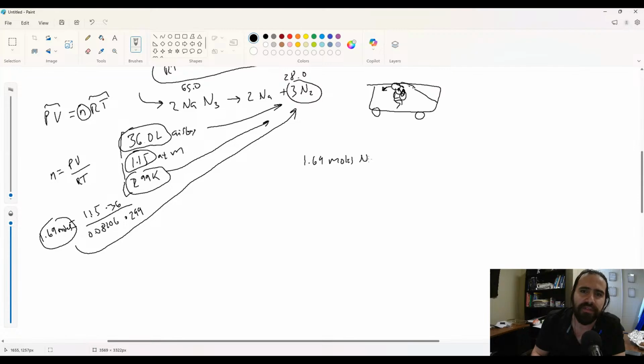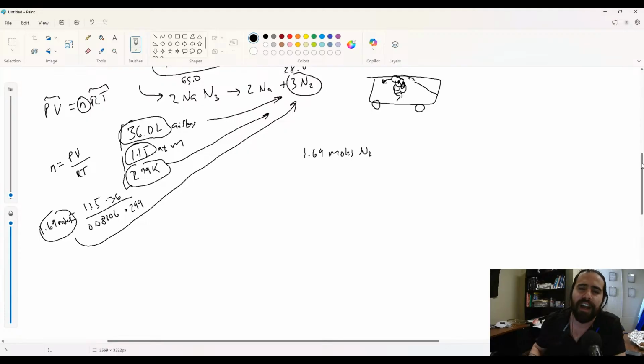of N2. Now, some of you in the comments are already going to be like, wait, Dr. K, I know where this is going because this has to do with what we did back in exam 1. And you're 100% correct, right? Because if I have 1.69 moles of N2, the next step is I need to convert that into moles of sodium azide. And the way I do that is with our balanced chemical equation. So I'm trying to convert from moles of N2 to moles of sodium azide.